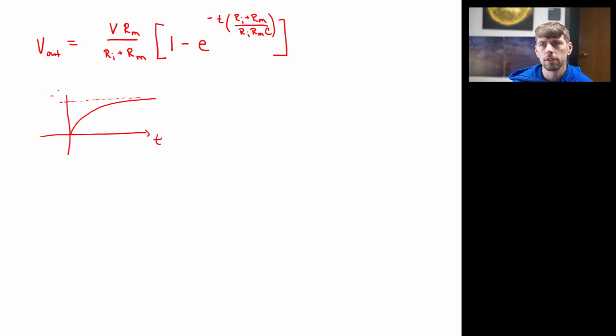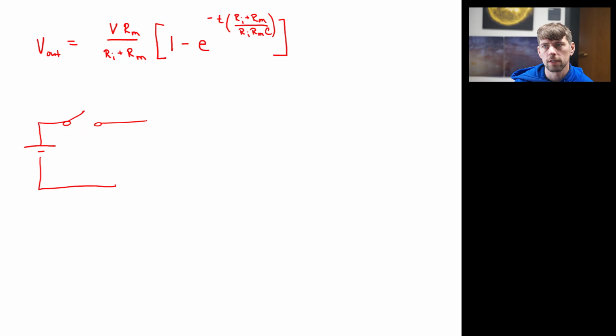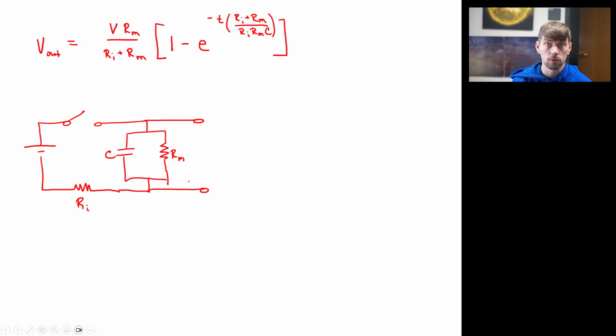Now, where is this really interesting? A lot of people will use this for a transmission model, a signal transition model. And it's not by accident that I use the subscripts Ri and Rm. So we stopped here. We called this Ri, we called this Rm, and C. And we stopped here and we said, what is the output at these two terminals?